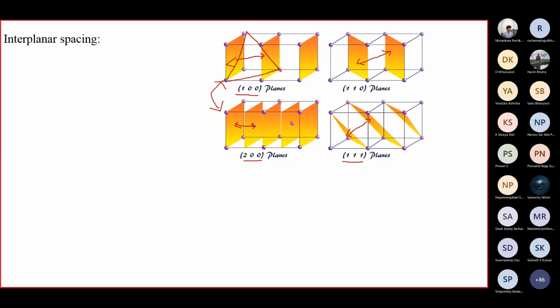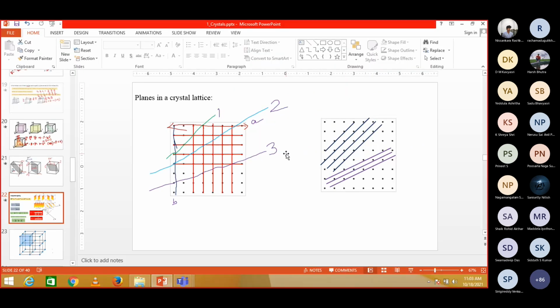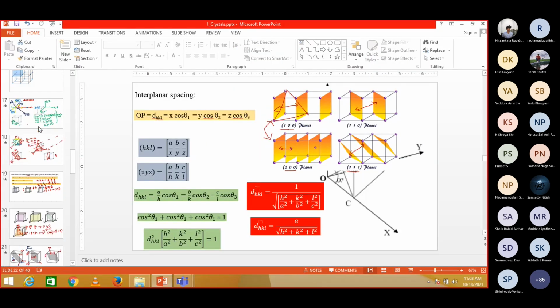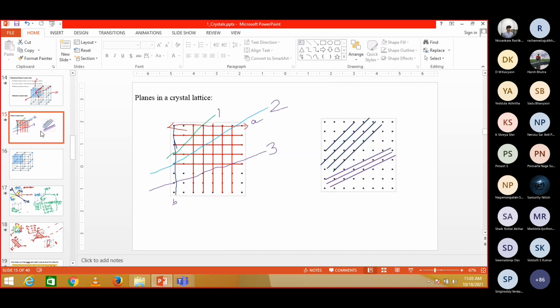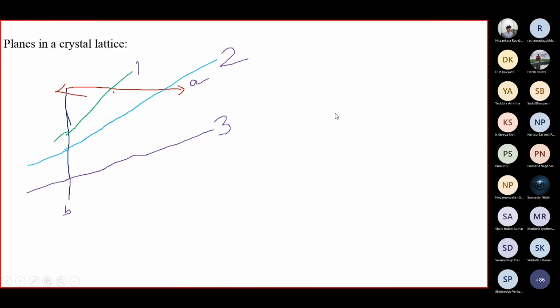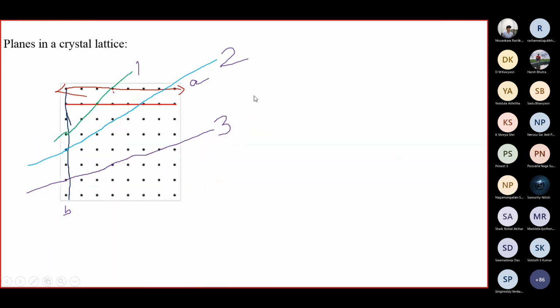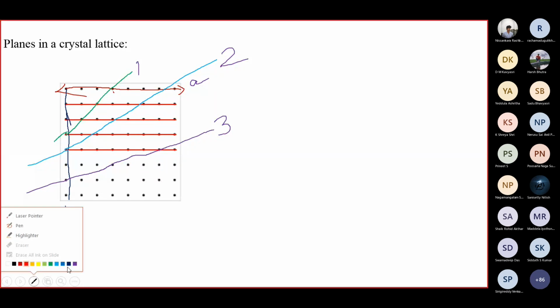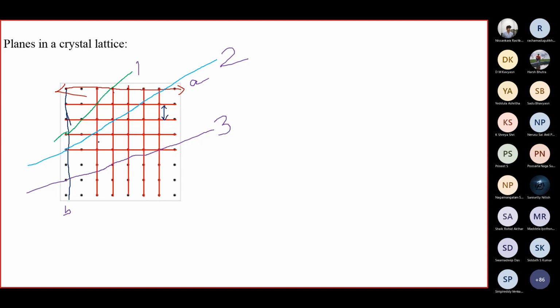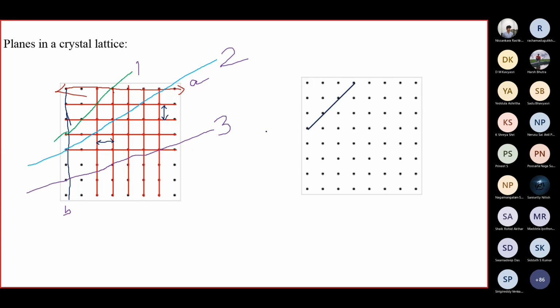For example, you will understand it better in the previous section, what I showed just here. See here. This is the distance between the planes. Again, this is the distance between these planes.